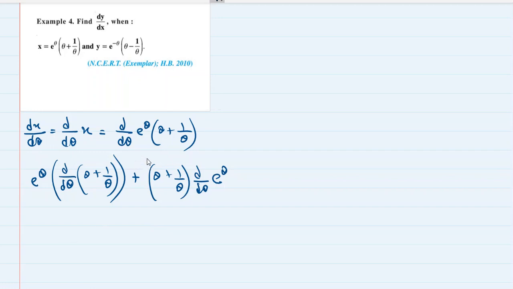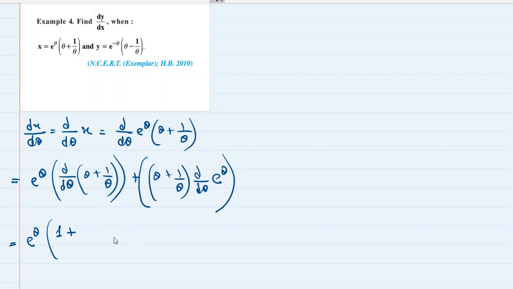This will be simple, but I'm still going to put a bracket over here so that we don't have any issue later. So e raised to theta we have over here, and d by d theta of theta is 1, plus d by d theta of 1 by theta.